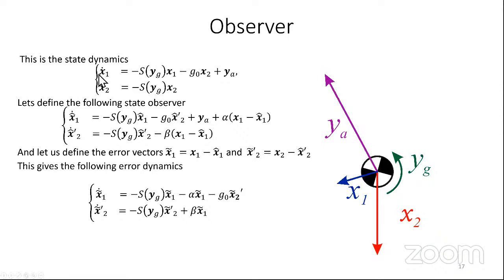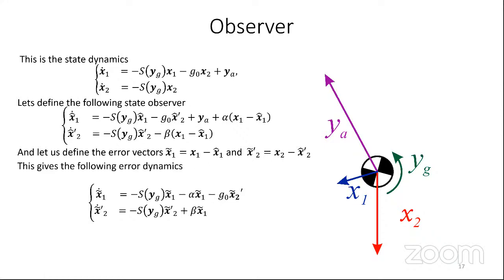So the state dynamics is actually really simple. S here is just the skew symmetric operator, so that's just the cross product. I would define a really simple state observer, with six rows, like 3 rows that are 3D vectors. So in code it's just 2 lines of code.